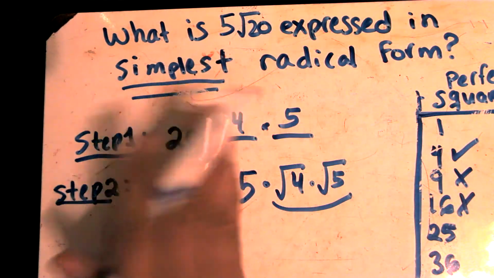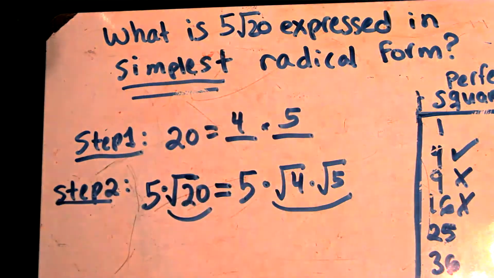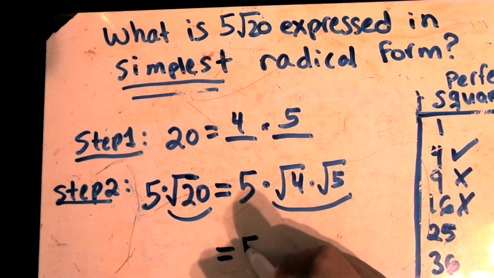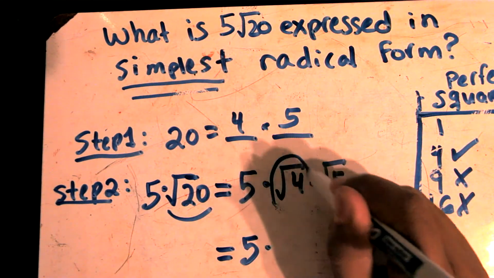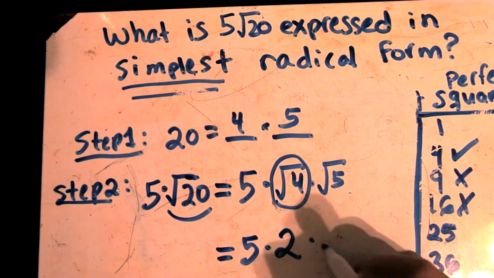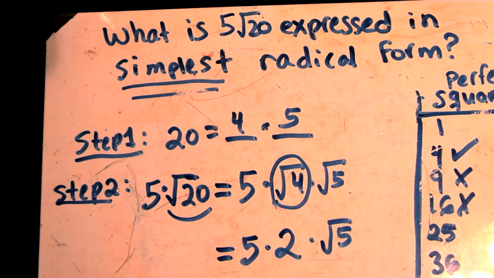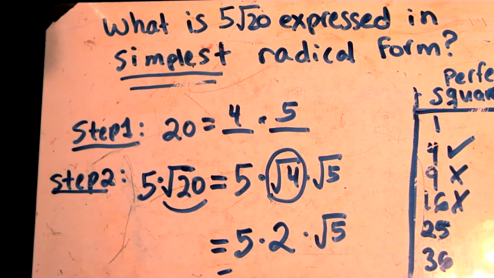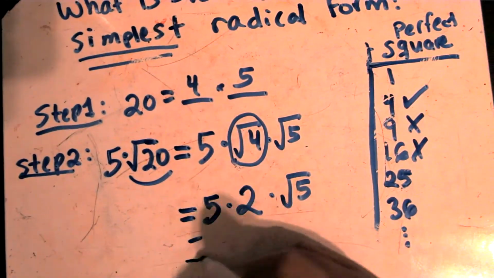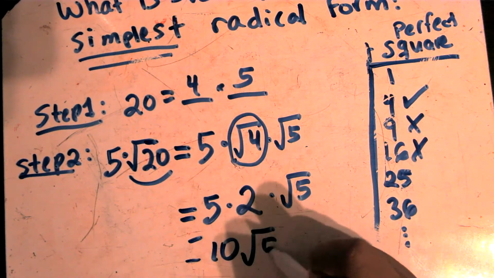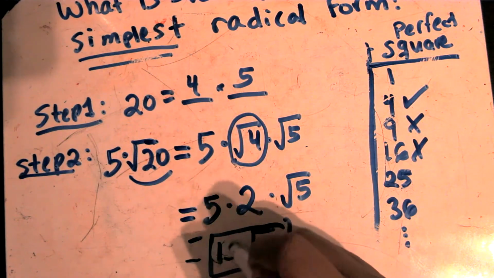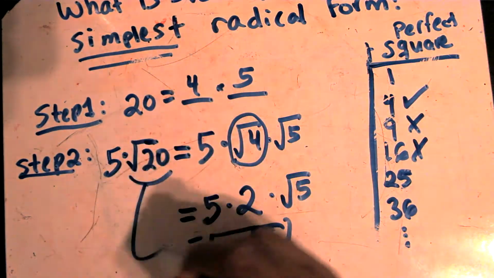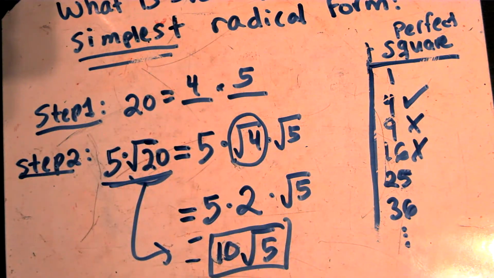We're writing an equivalent expression on the other side. 4 is a perfect square, therefore the square root of 4 gives me a whole number. Radical 5 stays because 5 is not a perfect square. 5 times 2 is 10, radical 5. So 5 radical 20 can be simplified to 10 radical 5.